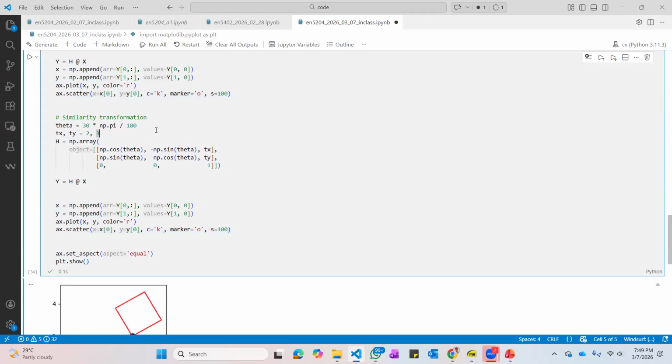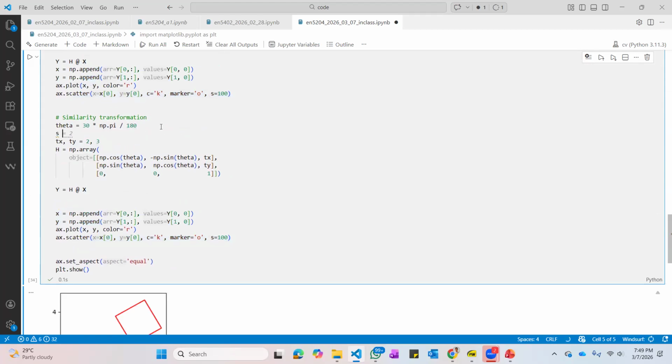But remember that each one of these is multiplied by a scale like 2. So multiply this by scale, this is multiplied by scale, this is multiplied by a scale, and this is multiplied by a scale.